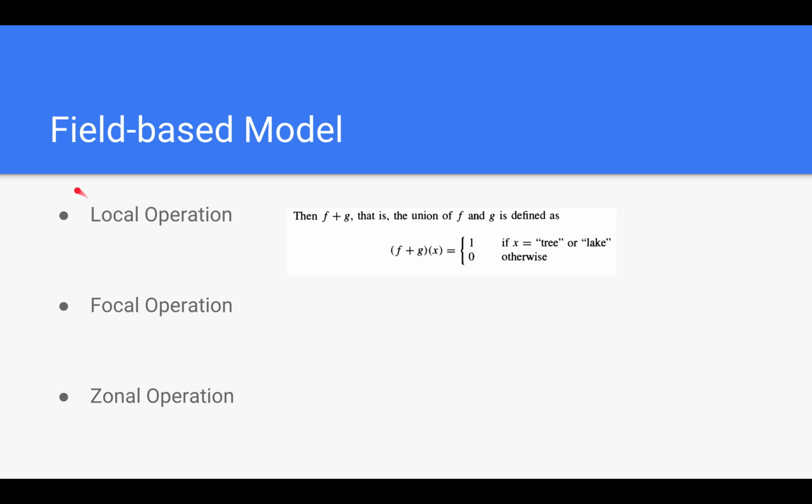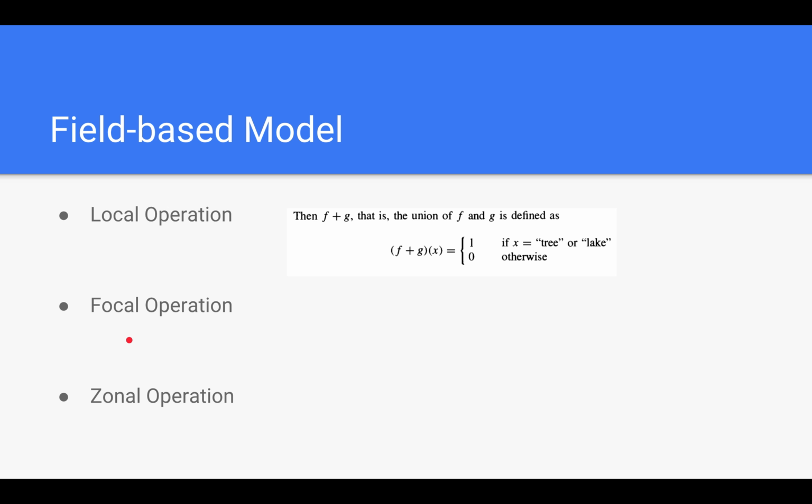So for the field-based model, we care about how datasets interact with each other. There are three operations. The first one is local operations, such as union, plus, and other basic mathematical operations.